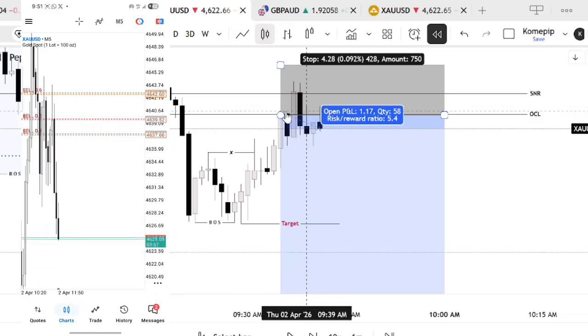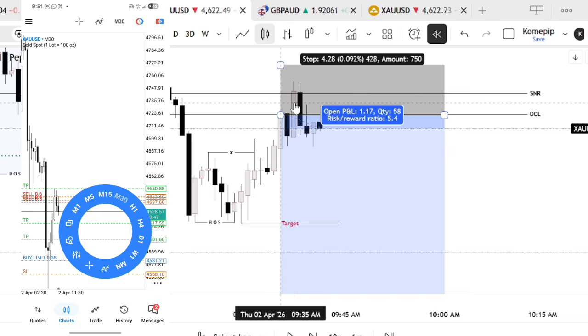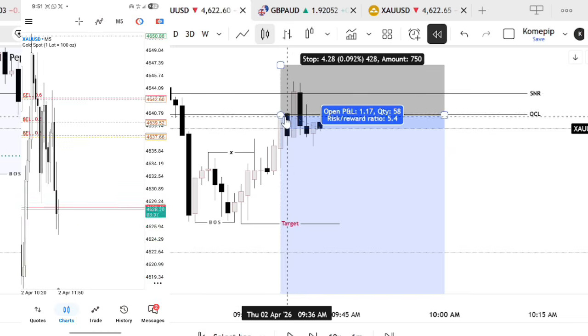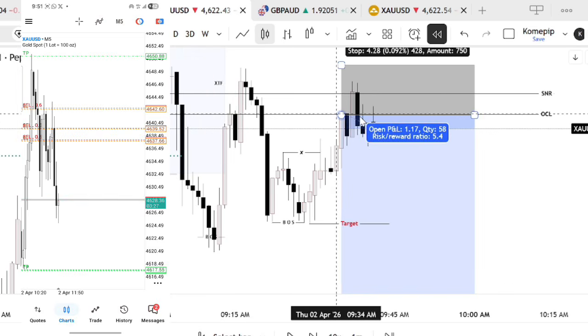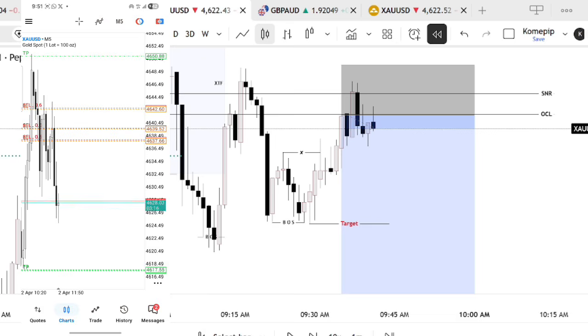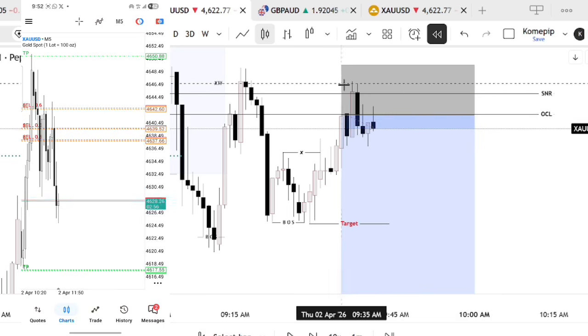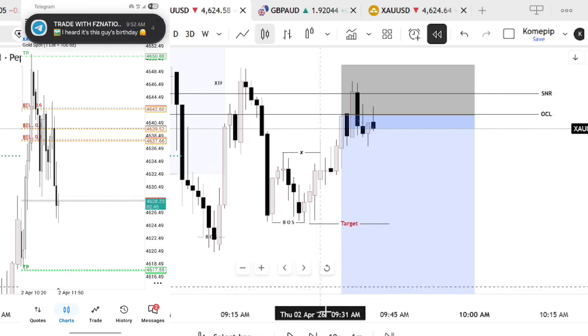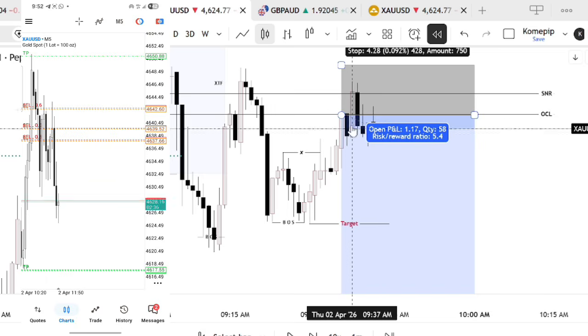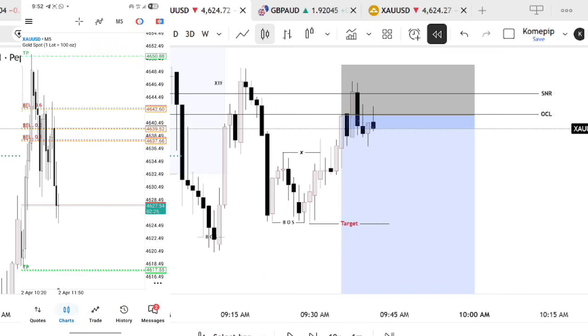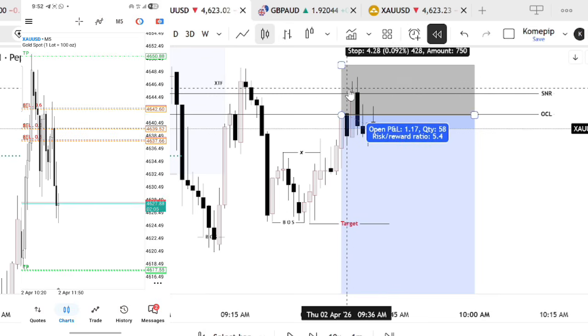So at this point, I'd already entered. I already took a sell there, and I took another sell. Yes, because of this, on my forex.com, it wasn't like this, it was like this.